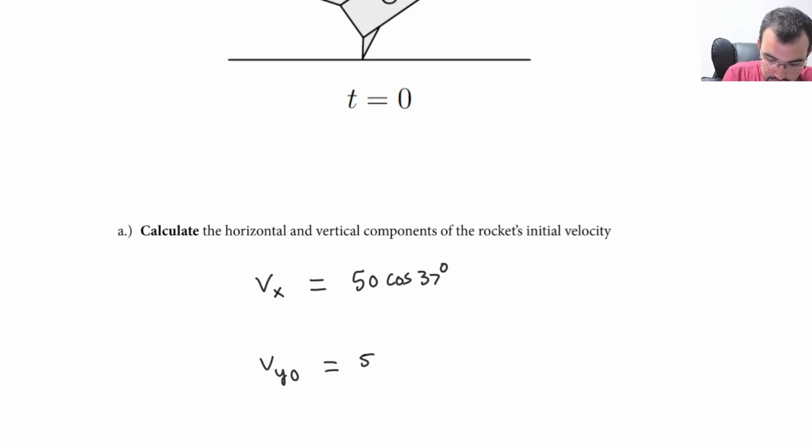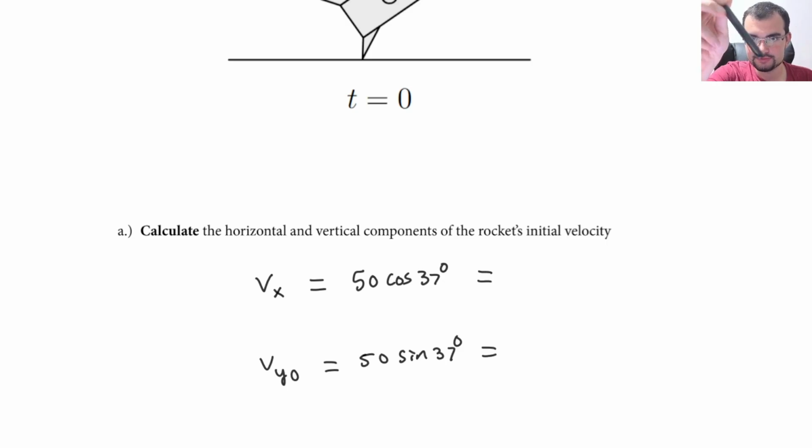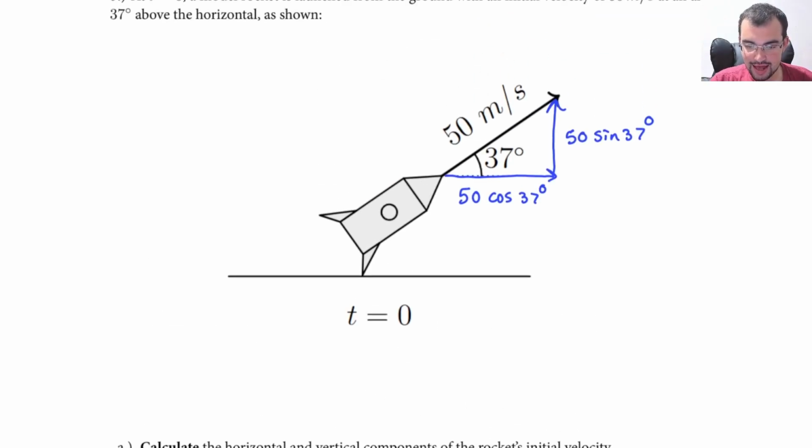Well, this is the 3-4-5. And while I'm writing this out, remember that if your angle is flat, it's more horizontal, and if your angle is more vertical, that means you have a higher vertical component. So if your angle is less than 45 degrees, the component touching the angle will be bigger, which is usually the x.